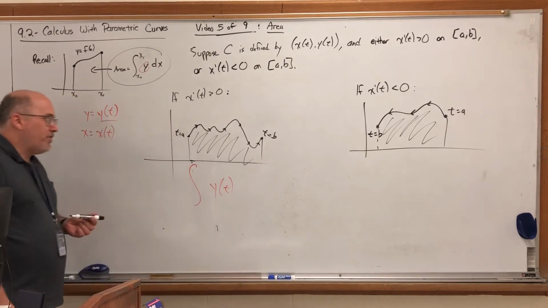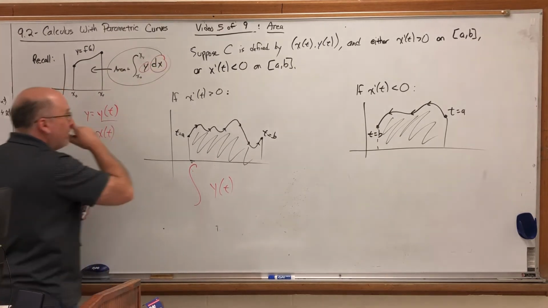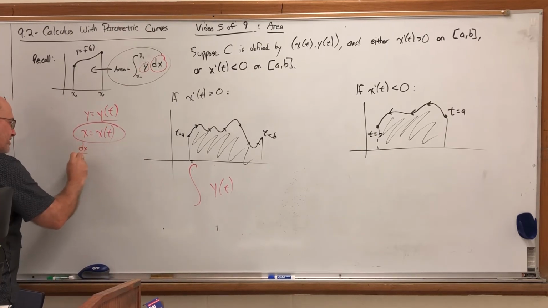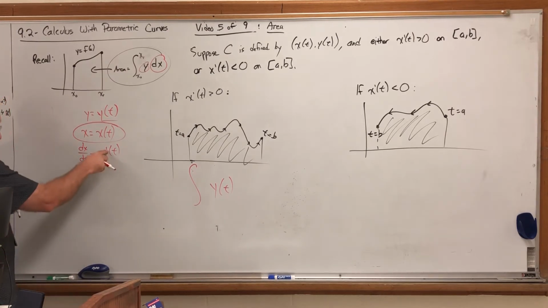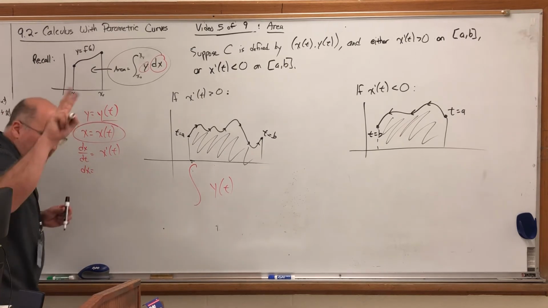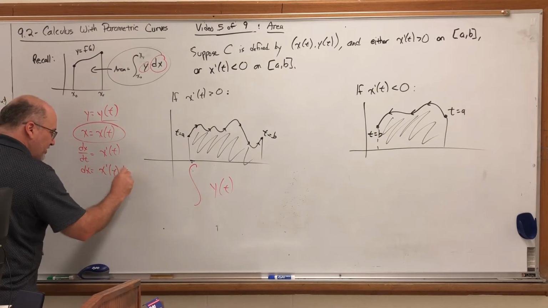So we would integrate the y parametric equation, but what would we replace dx with? Well, to find dx, let's take the derivative of this and write dx dt is equal to x prime of t, the derivative of x with respect to t. If we solve that for dx, we would get dx equals x prime of t times dt.